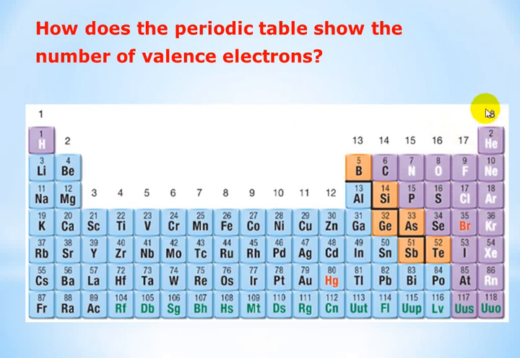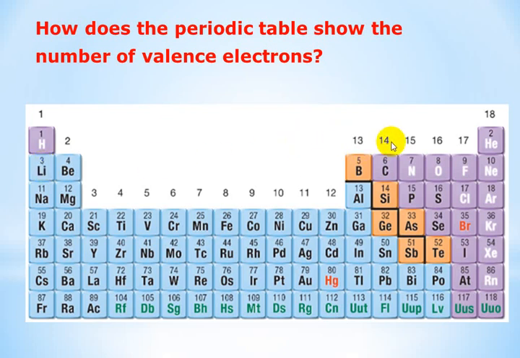And here in group 18, except helium, which has 2 only, which has only one level, neon has 8. Argon has 8. Krypton has 8, and so on. So in group 1 and group 2, the number of the group represents the number of electrons in the outermost energy level, or the number of valence electrons.